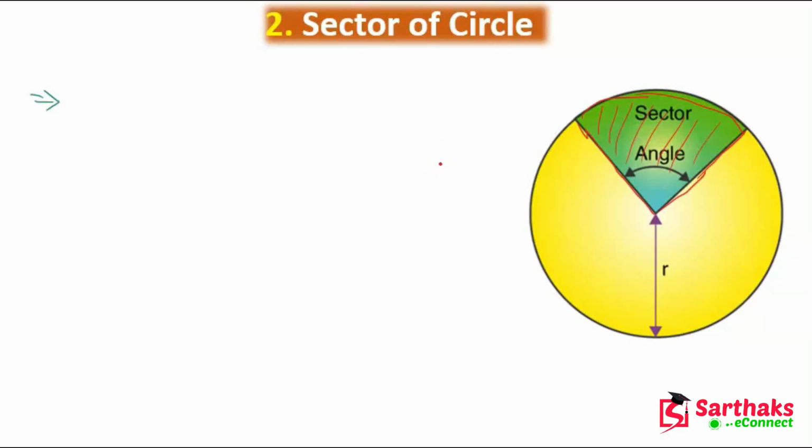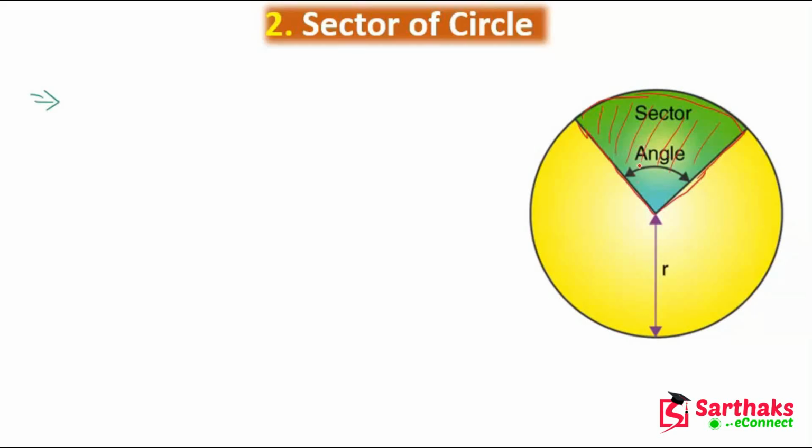It is a portion of the circle formed by the portion of the circumference, or arc, and the radii of the circle at both ends of the arc. I hope you get this point.